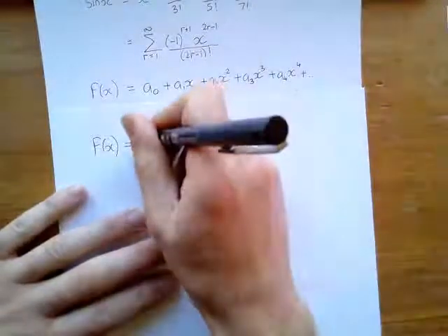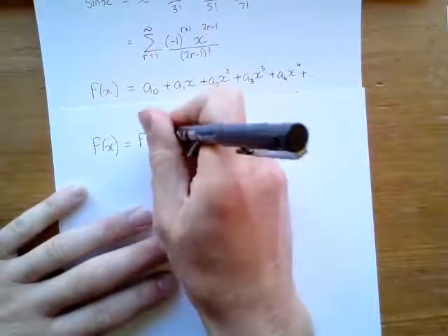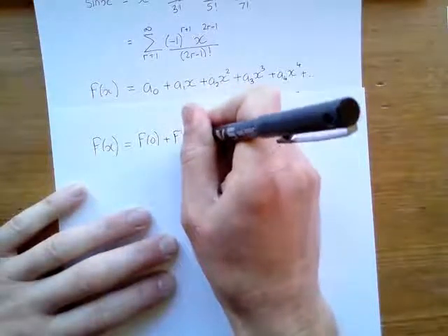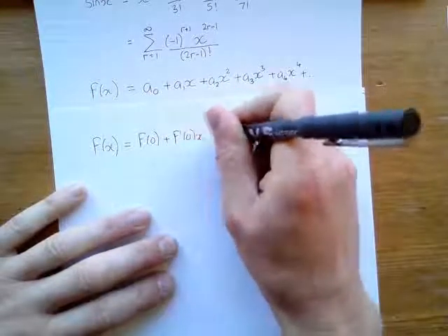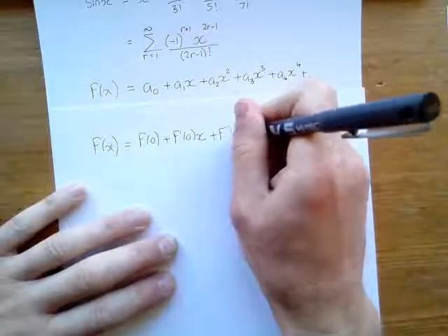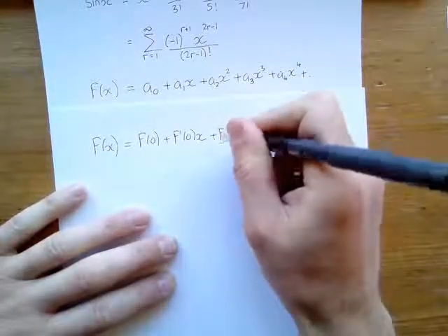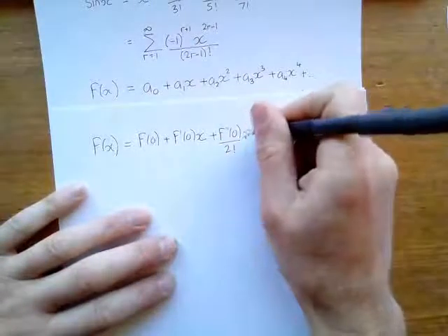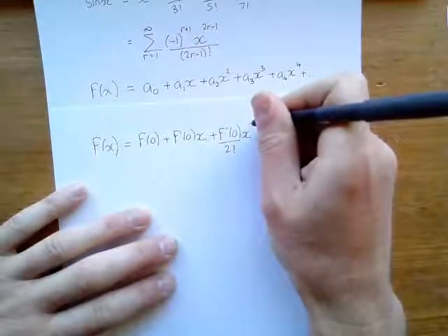A0 was f of 0, so I'm going to write that as f of 0. A1 was f dash of 0. A2 was f double dash of 0 divided by 2, but I'm just going to write 2 factorial, which is actually 2. It's 2 times 1.